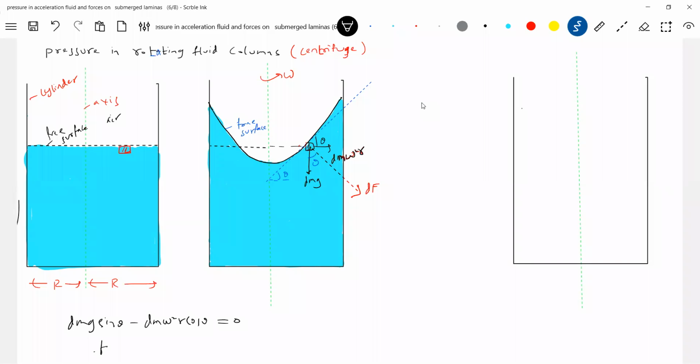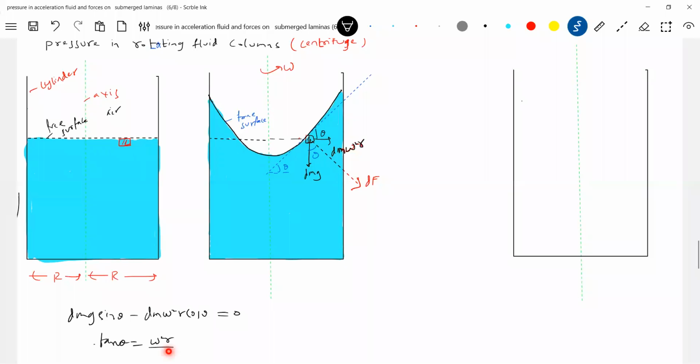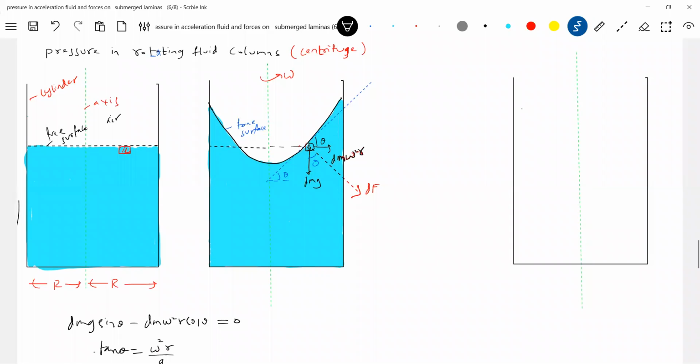Tan theta equals omega square r by g. So what is tan theta? Let me define this as the y-axis, and this is r, and let this be the origin.